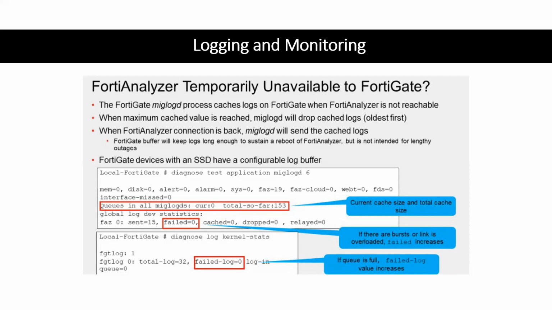So what happens when the firewall loses its connection to FortiAnalyzer and logs are just piling up? Once that cache hits its maximum, it's going to start deleting the cached logs, oldest first.